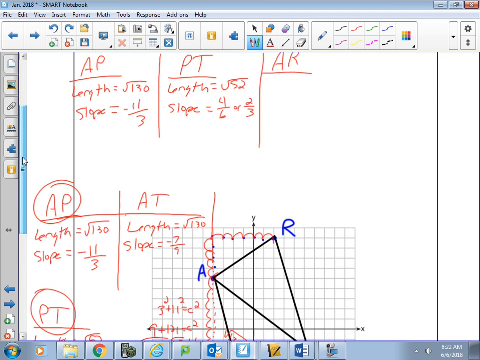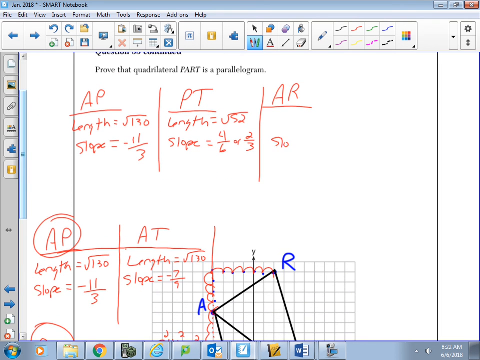So our slope is 4 over 6 or 2 over 3. And for the length, you just do 4 squared plus 6 squared is equal to c squared. All of that gives you 52 is equal to c squared. Take the square root, and c is equal to the square root of 52. C is our AR, so it's the square root of 52.